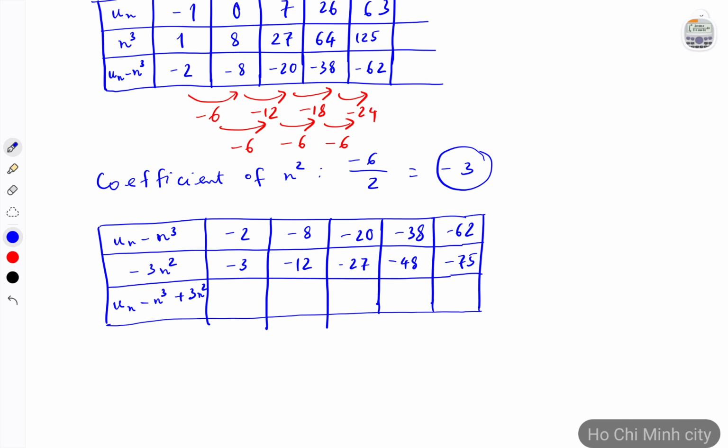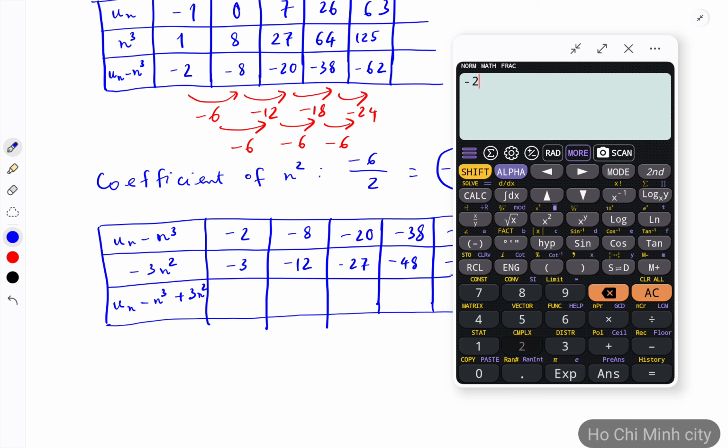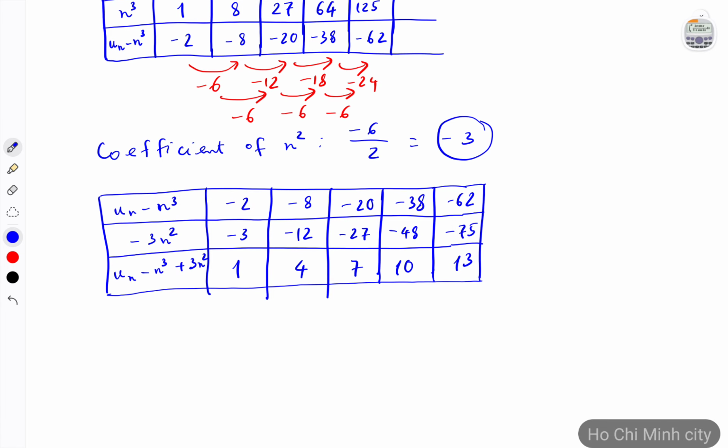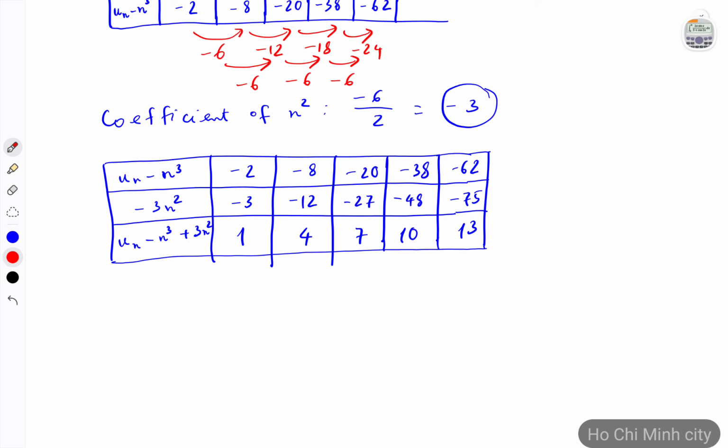Now take the first row and subtract the second row. We get 1, 4, 7, 10, 13. One thing you have to pay attention to is the difference between two consecutive terms. Here it is plus 3, plus 3, and plus 3.